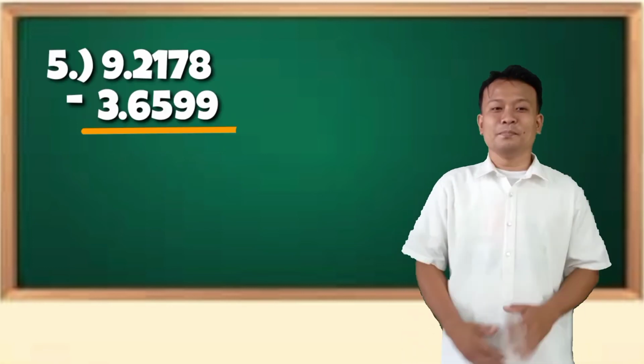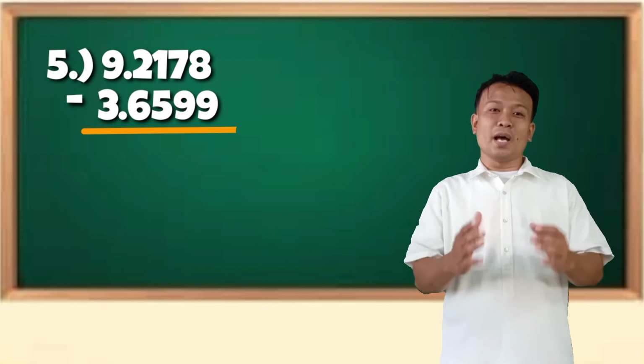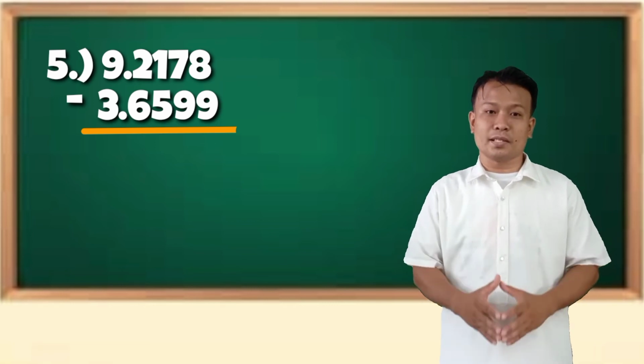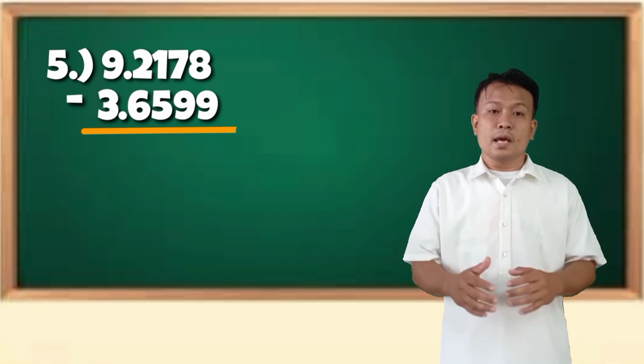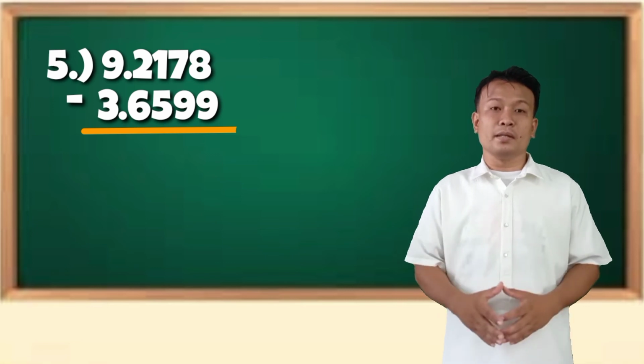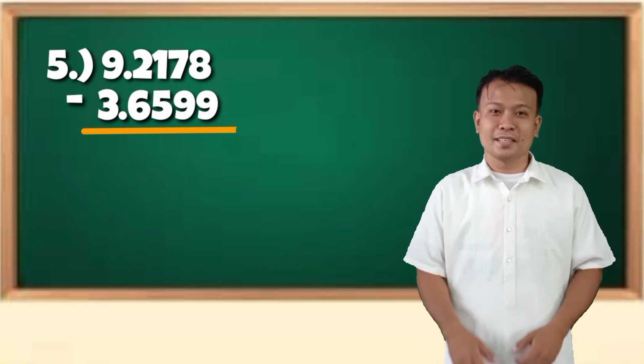Number 5. 9 and 2,178 ten thousandths minus 3 and 6,599 ten thousandths.